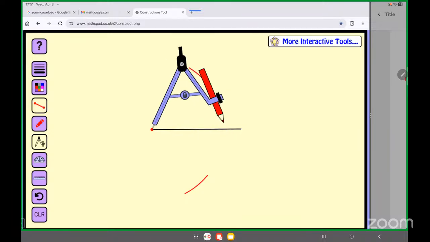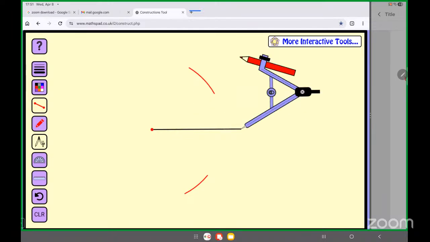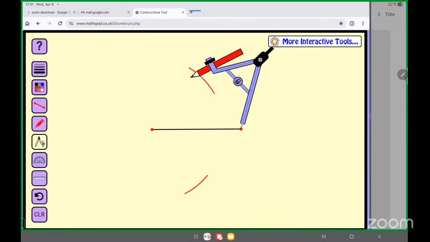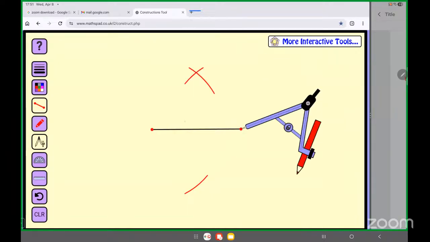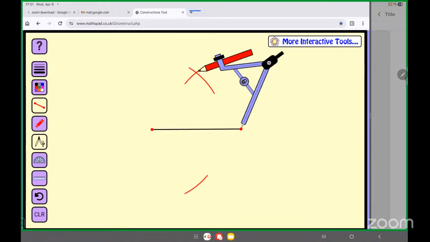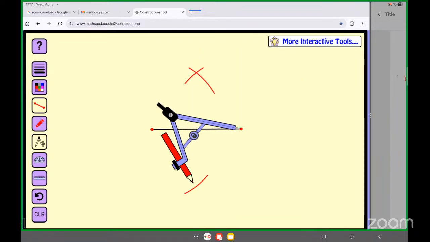Then without changing the angle of the compass, you go to the other end of the line, and you're going to cross that arc at the top. Rotate down, come down here, and cross that one.